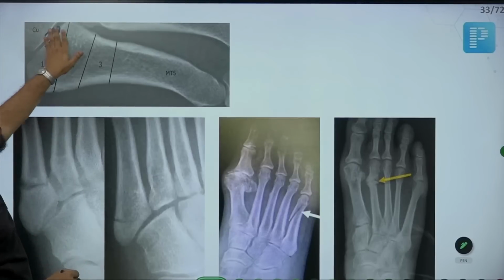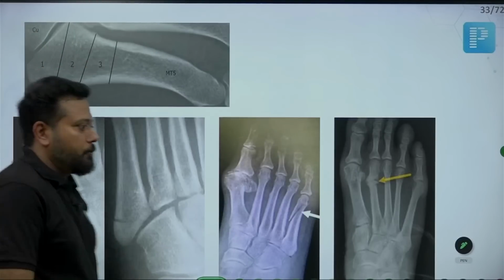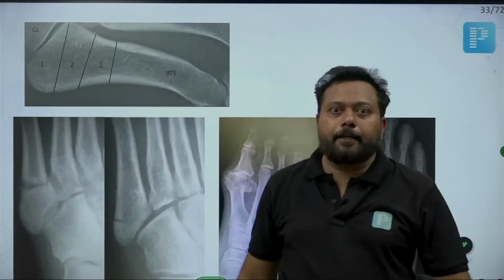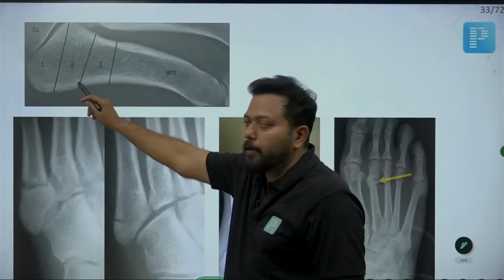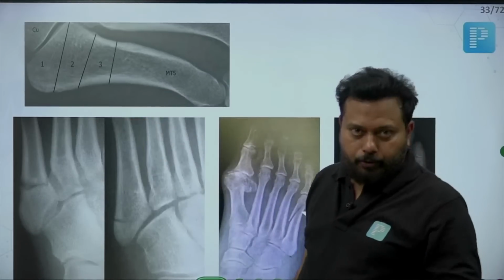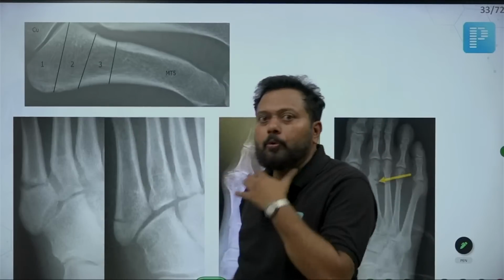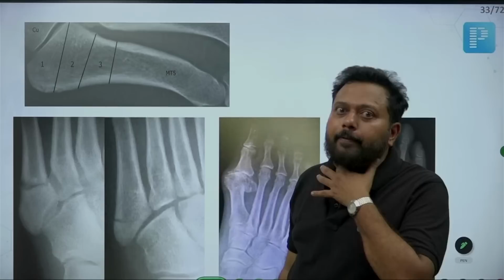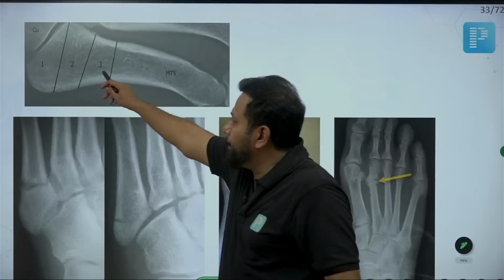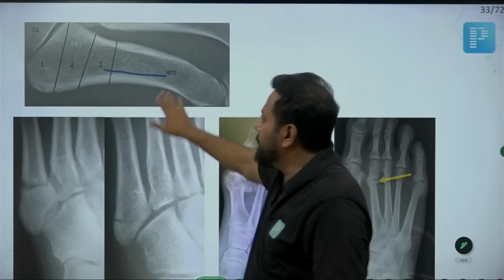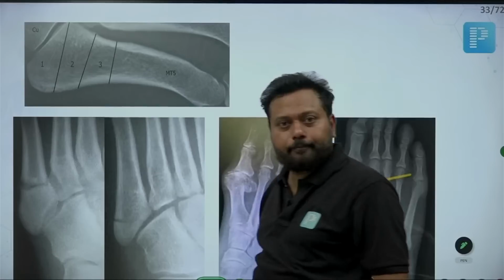Zone 1 is very close to the joint. So any fracture that is happening in zone 1 is called pseudo Jones. A fracture that is happening in zone 2 is called Jones fracture. Anything happening here in zone 3 is called Dancer's fracture.